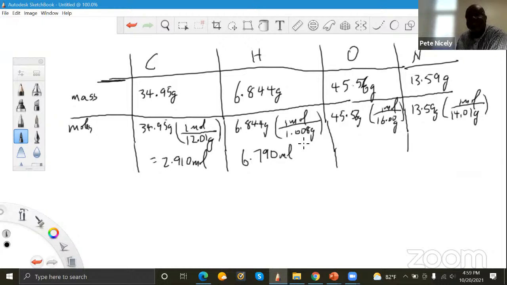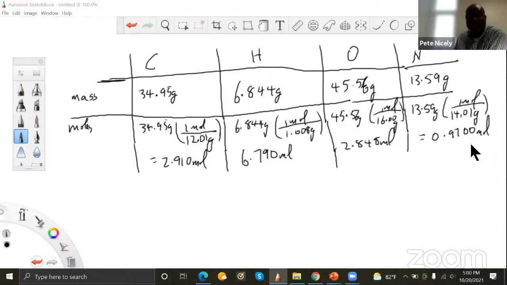And then in the case of oxygen, it is 45.56 divided by 16. So that gives, rounded off to 4 sig figs, 2.848 moles. And then lastly, in the case of nitrogen, it's 13.59 divided by 14.01. And according to my calculations, this works out to be 0.9700 moles. All right.